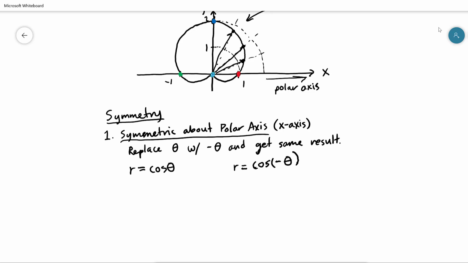But cosine is an even function, so that's the same thing as cosine of positive theta. And sure enough, we get the same thing in both cases, whether we use the positive version of theta or the negative version of theta. And this gives us that symmetry that we're talking about.